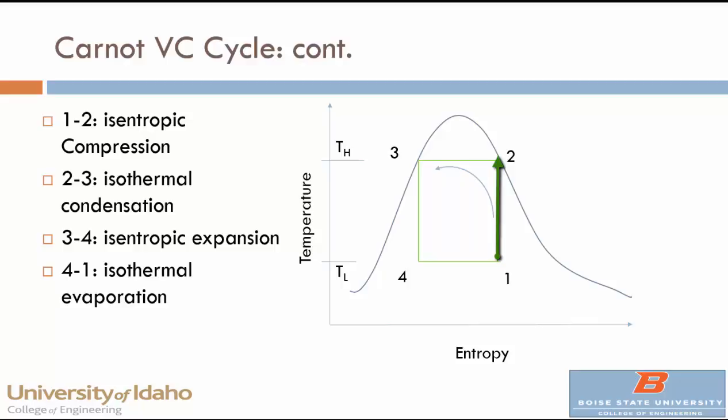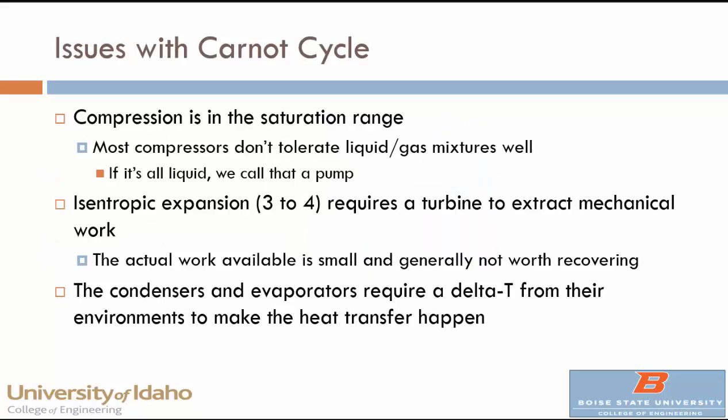That means compression is acting on a mixture of liquid and vapor, and it's very hard to design a compressor that will tolerate that. Compressors like to work on just vapor. We have other devices that work on just liquid, and we call those pumps. But mixed phase is very, very difficult to design for, so we try to stay away from that.